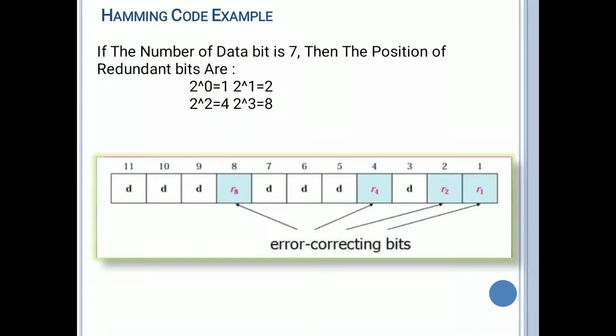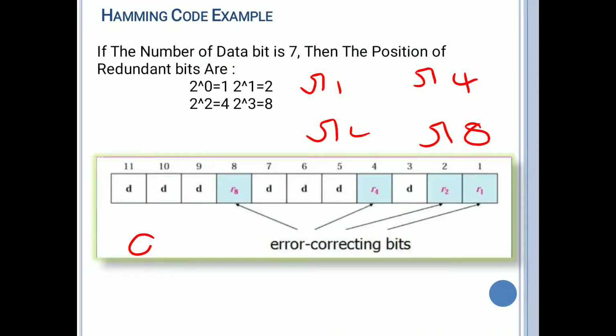Here the redundant bits are R1, R2, R4 and R8. We know the values of D because that is what the sender wants to transmit. So the D values are already known. Now what is our task? We need to find the R1 value, R2 value, R4 value and R8 value.